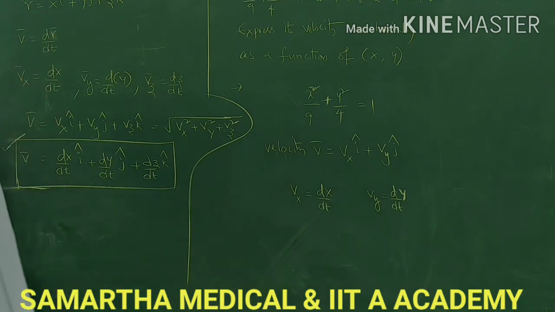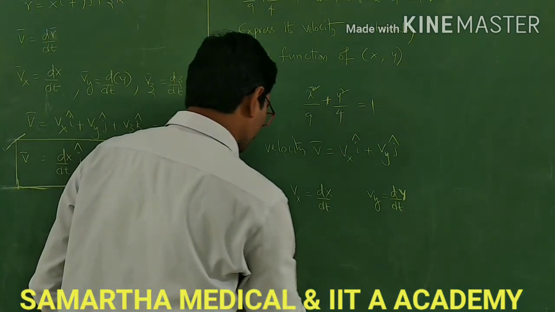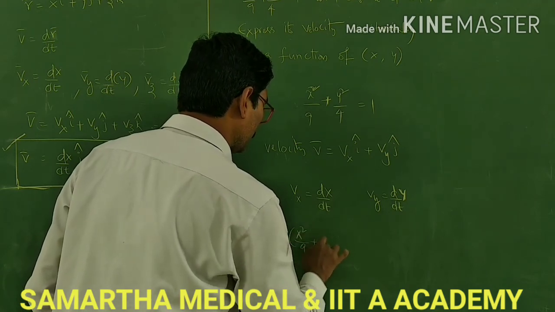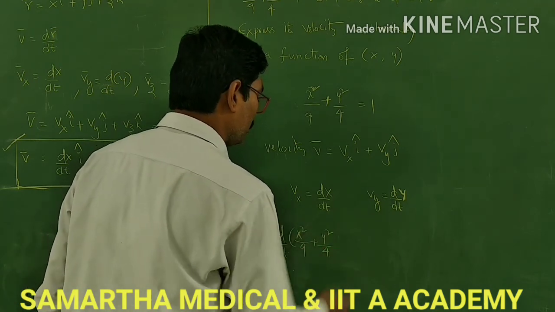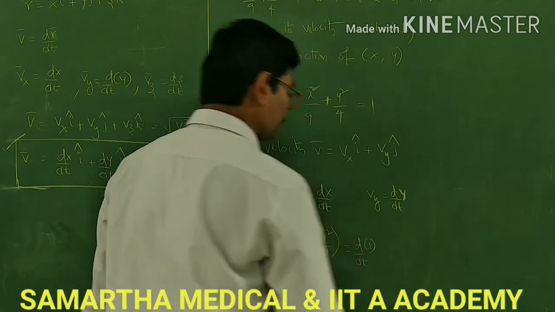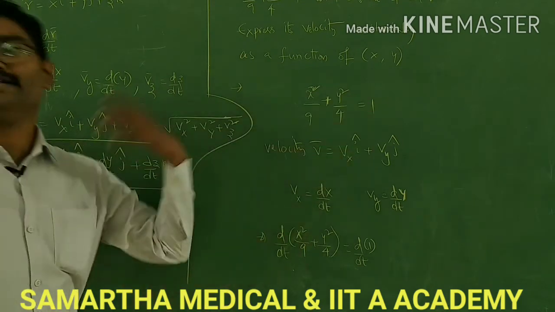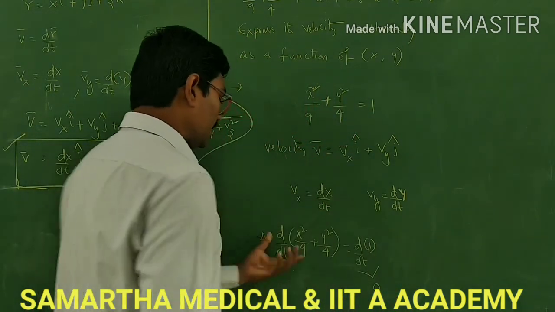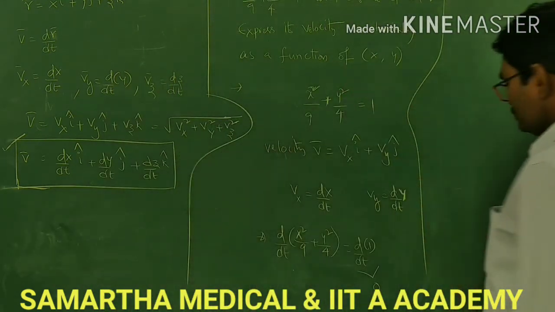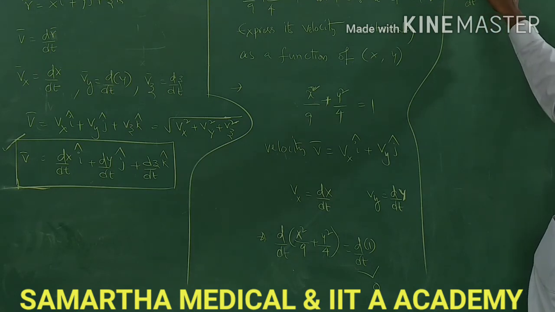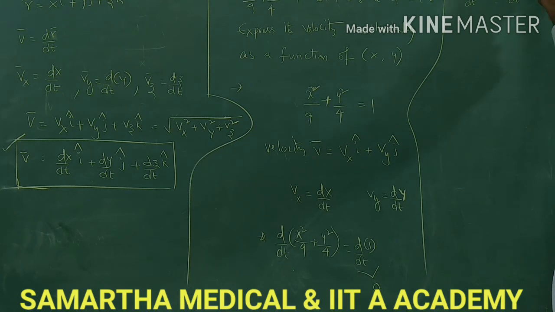So d by dt of x square by 9 plus y square by 4 is equal to d by dt of 1, and d by dt of 1 is 0, a constant.